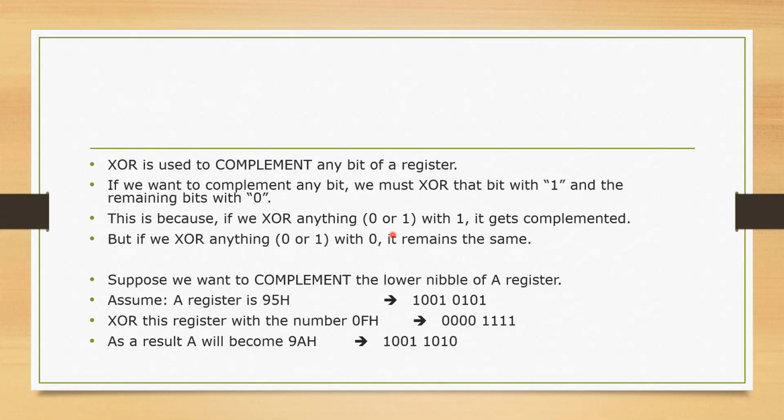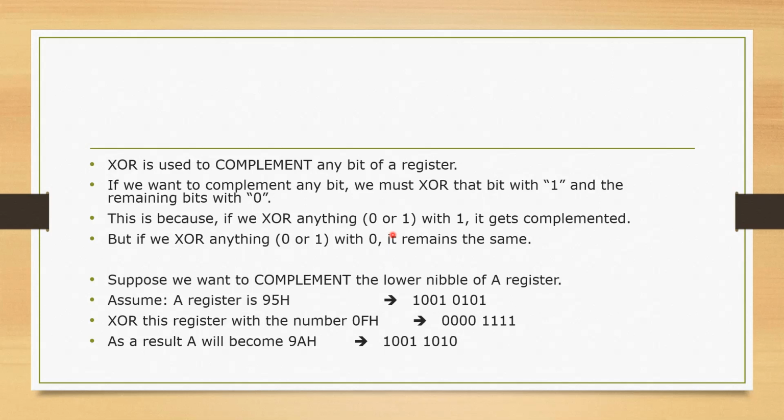Suppose you want to complement the lower nibble of A. Assume the A register has the value 95 hex, that is 1001 0101. We need to complement the lower nibble, so we XOR the lower nibble with 1 and the higher nibble should remain the same, so we XOR the higher nibble with 0.